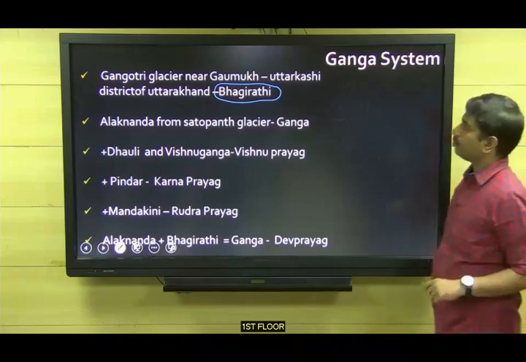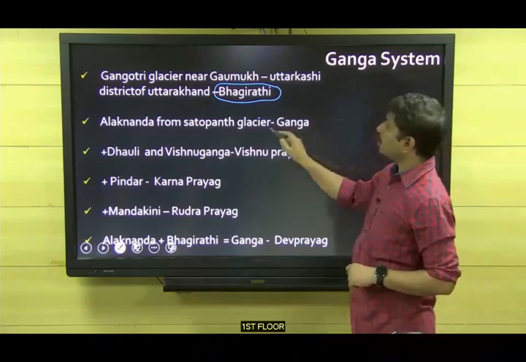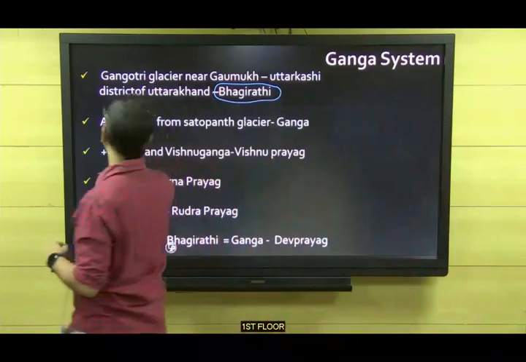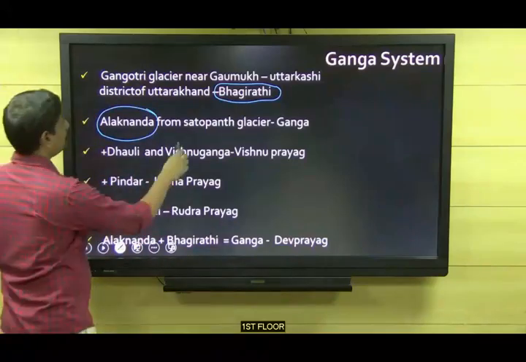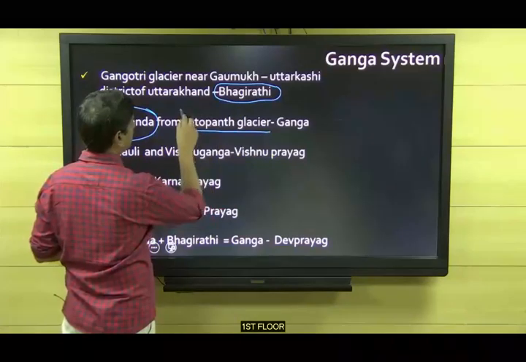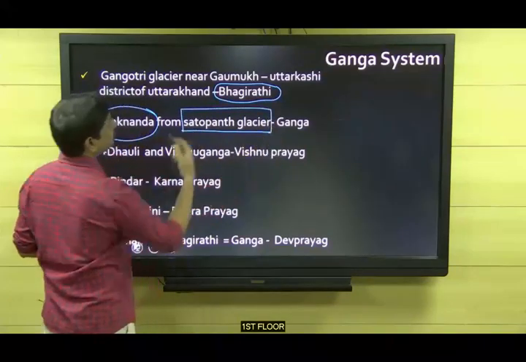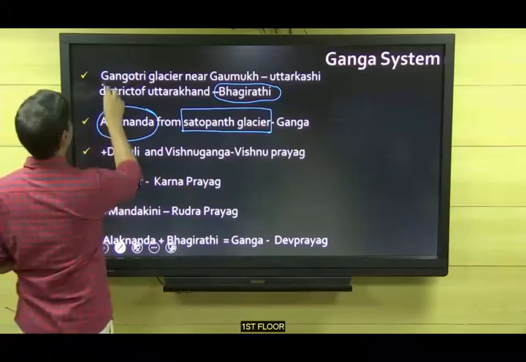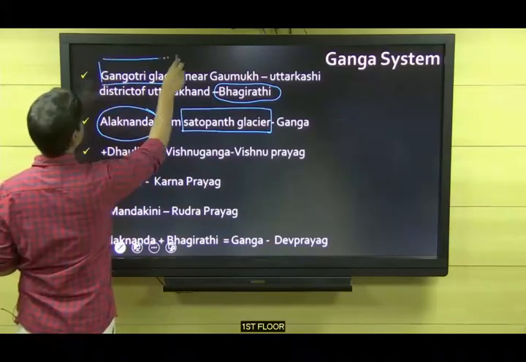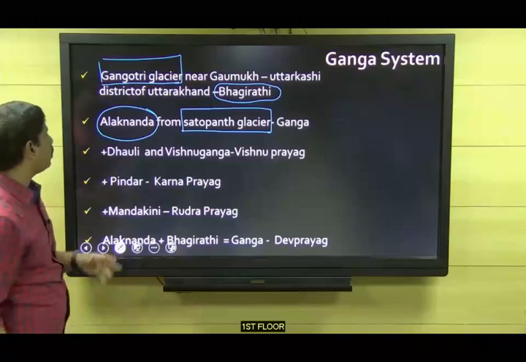The other river is known as Alaknanda, which originates from the Satopanth glacier, also in Uttarakhand only. Here it is Gangotri glacier, here it is Satopanth glacier.